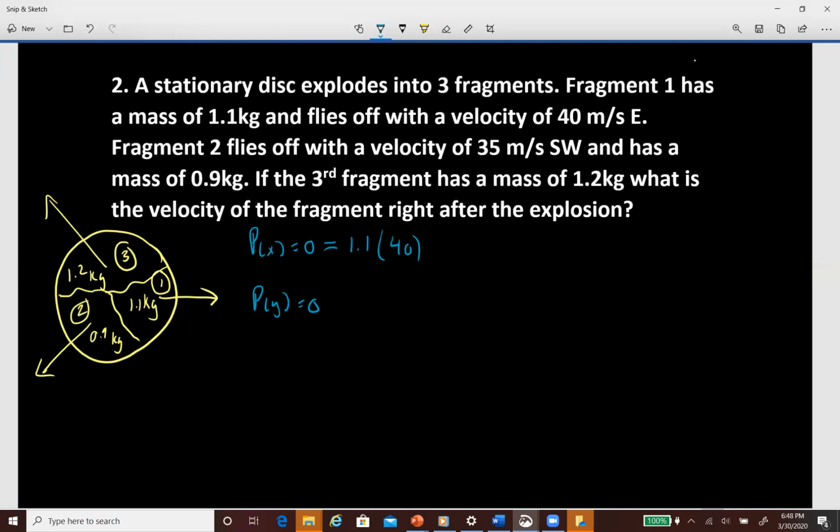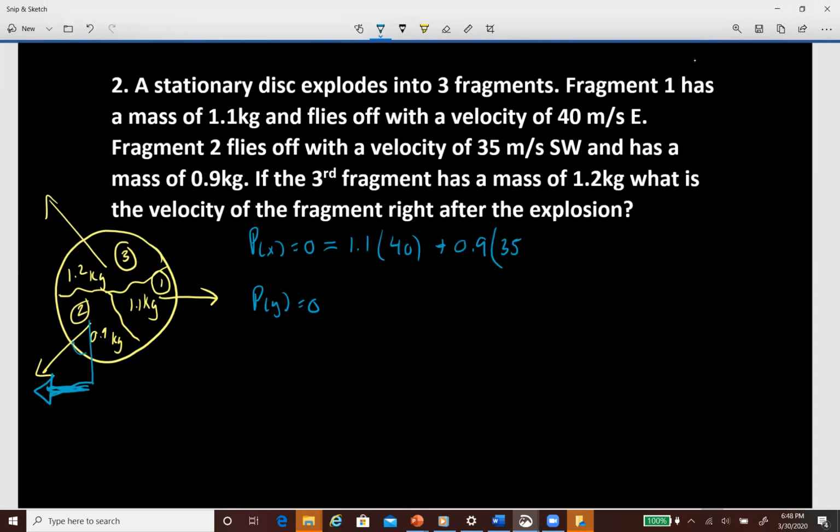That's one fragment. Fragment 2 is traveling southwest, so we're going to need this component, because we're looking at the x component. Fragment 2 has a mass of 0.9 kilograms and is traveling at a velocity of 35 meters per second.